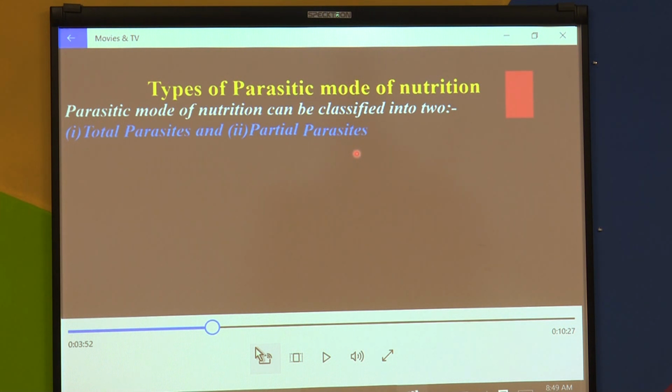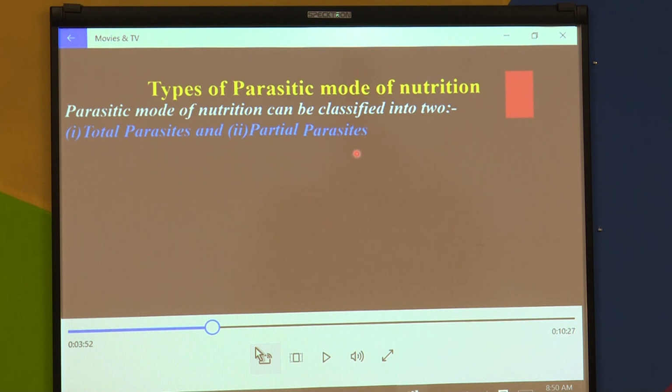They cannot prepare their food at all. They do not have chlorophyll, and they take all the nutrients from other plants by growing on another plant. That is why these are called total parasites.